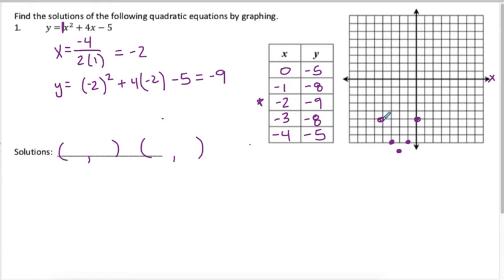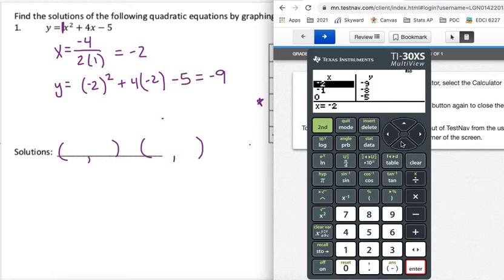All right, but that hasn't told us where it's going to cross over here. So I'm going to look in my calculator because even though I have the vertex, 2 other points and their reflection, and the y-intercept, I want to know where it crosses the x-axis. On my calculator, I'm looking for where y is 0. So I'm just going to scroll through here.